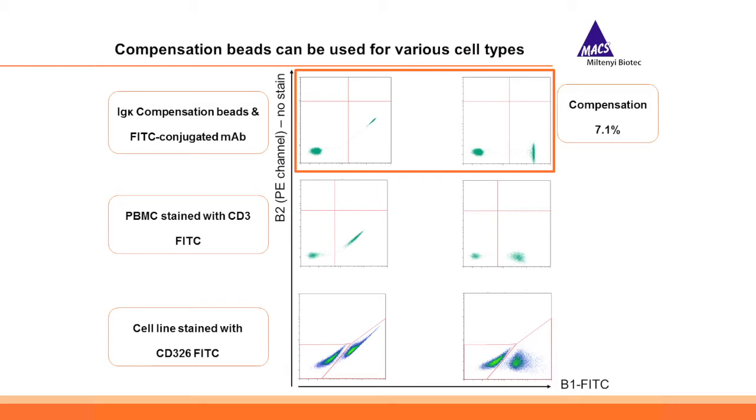And the positive cells are here. And even with these cells that have completely different autofluorescent properties, my compensation derived from the beads will fit because I now apply this compensation and get this result. And you see they are nicely compensated. So these compensation beads can really be used for a variety of different cell samples.